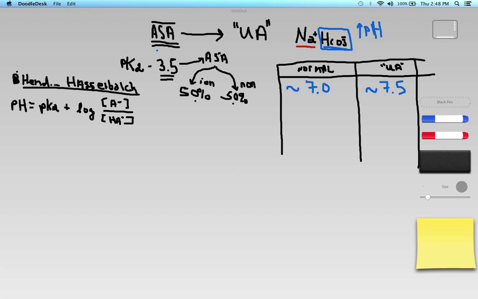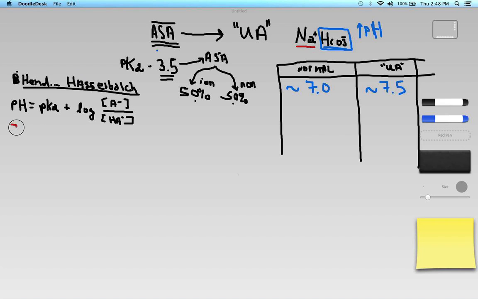I know the pH. I'm going to look at normal urine and alkalized urine. I know the pH, but I don't know the ratio of ionized to deionized aspirin in this case. So I'm going to set the formula up like the following. I'm going to start with normal urine.